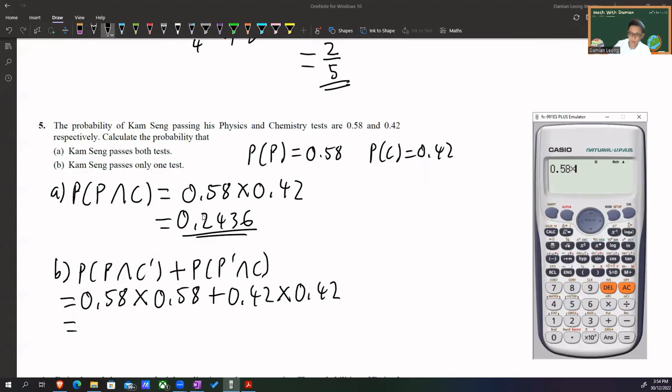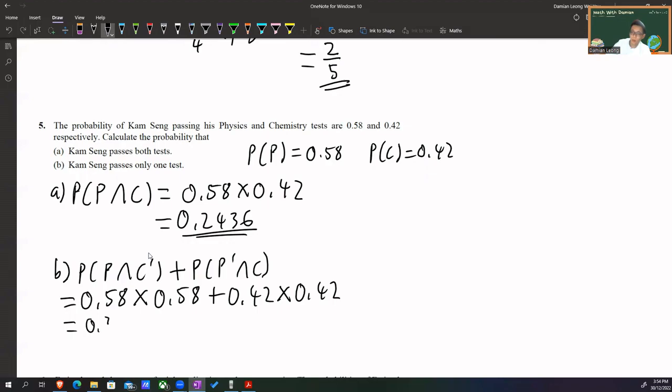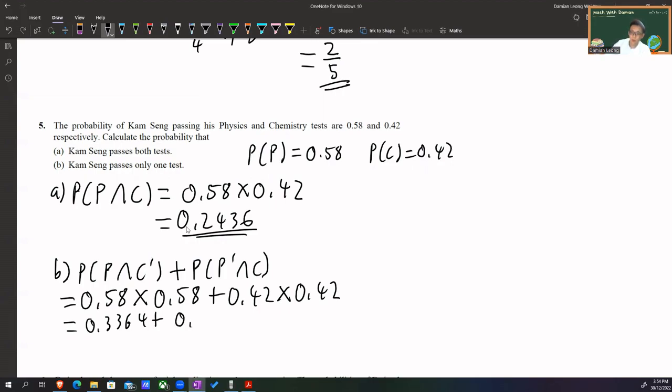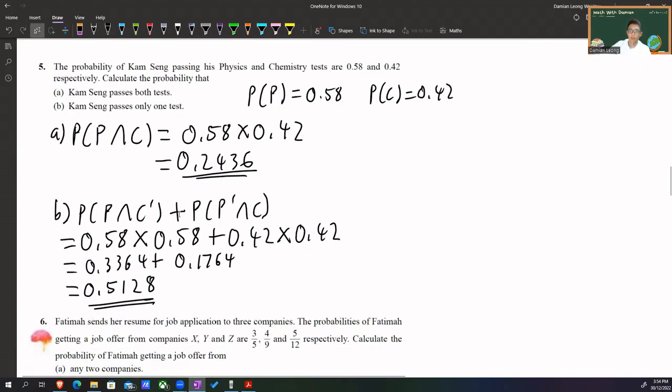So 0.58 times 0.58, 0.3364, plus 0.42 times 0.42, 0.1764. So plus together, 0.5128. Yeah, that is question 5.